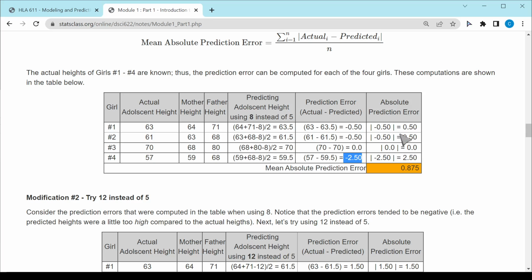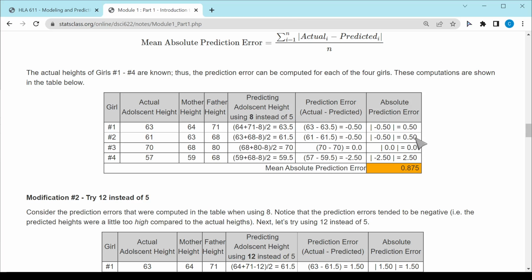Now what we do normally is take the absolute value of those and then compute the mean. So when I do that, negative 0.50 in absolute value is 0.50. I have another 0.50. I have 0 there on that one. That's a perfect prediction. And then for our shortest girl, we were off by 2.5 inches, which is quite a bit.